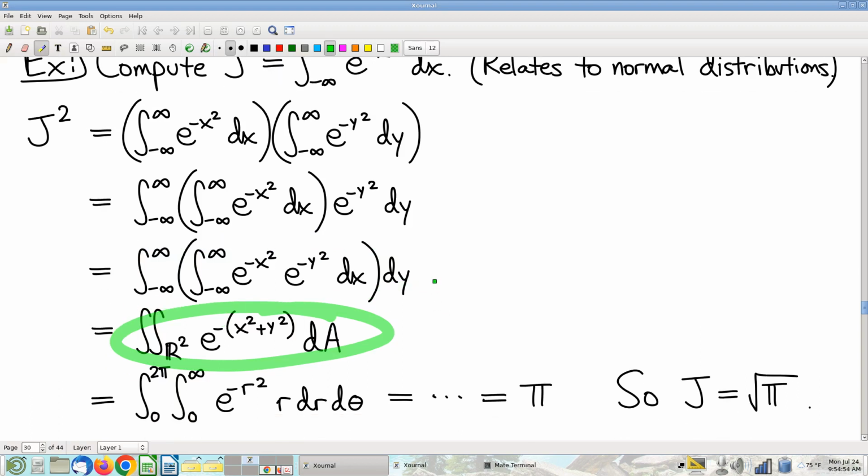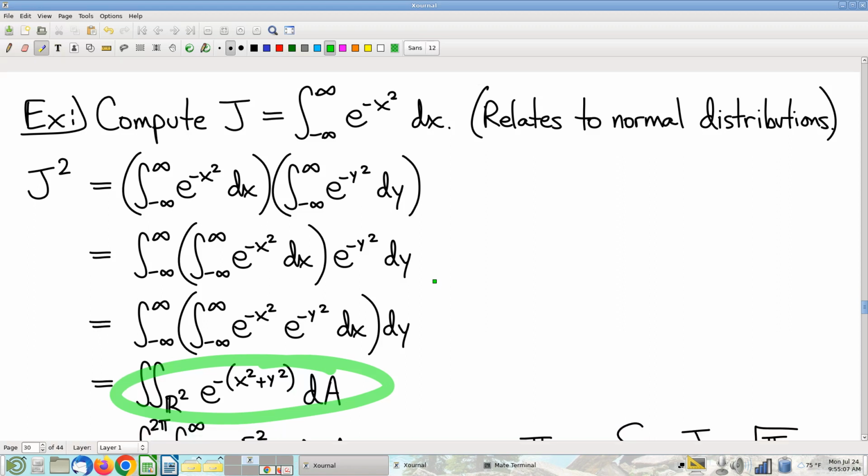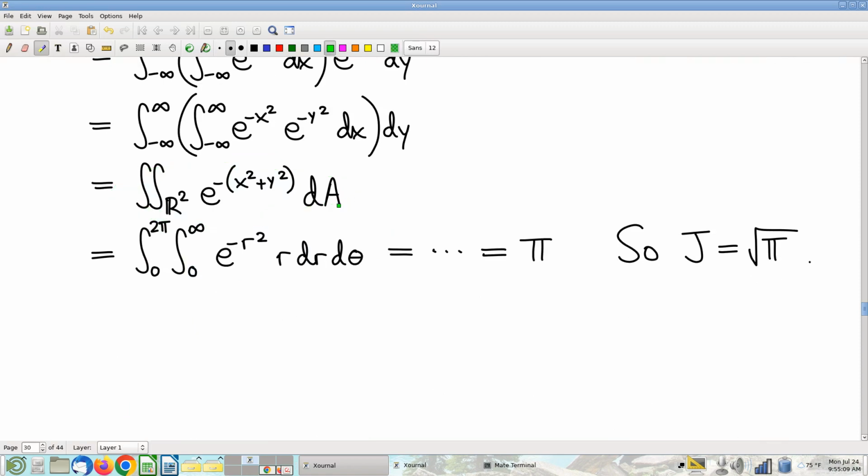And this integral, now by the way, I want to acknowledge, it looks like I'm making things worse. I started off with an integral that I don't know how to do. Now I have a double integral that I don't know how to do. Surely that's worse. But check this out. I can say let's do it in polar coordinates. That's how you do polar coordinates. x squared plus y squared is r squared.